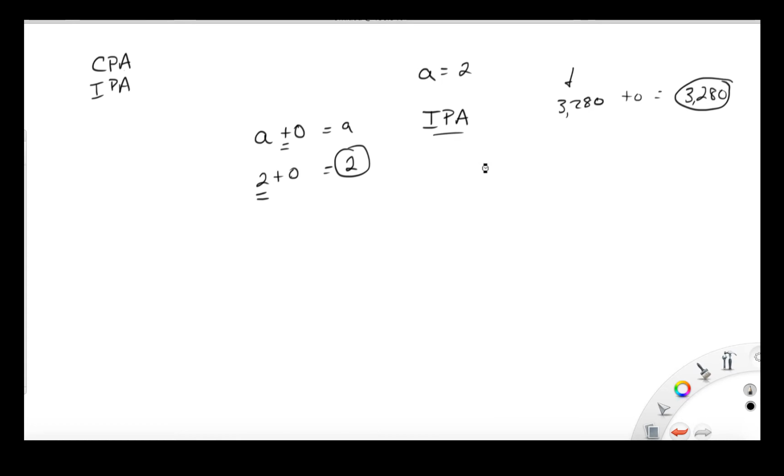So let's go to the next one, which is going to be commutative property of multiplication. Okay, so we've had so far commutative property of addition, identity property of addition, but now we're going to go with CPM, which is commutative property of multiplication. All right, so what does that mean?